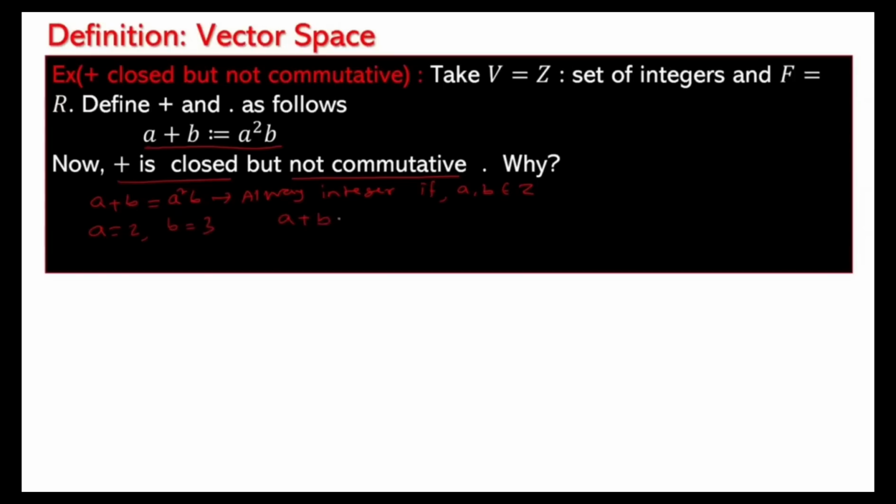Then A plus B is equal to 2 squared times 3, that is 4 times 3, which is 12. But B plus A is equal to 3 squared multiplied by 2, so this is 18. So in this case, A plus B is not equal to B plus A, hence this is not commutative.